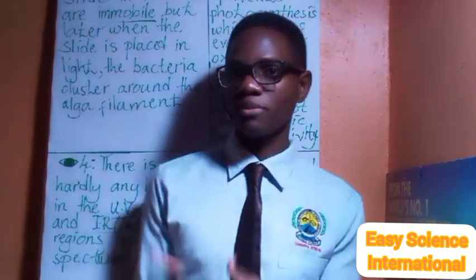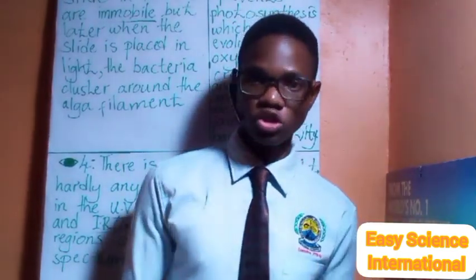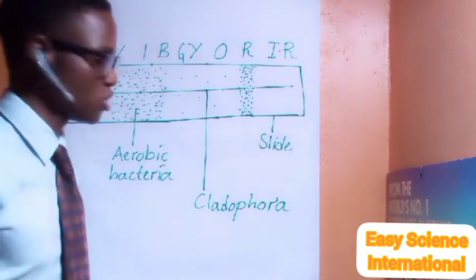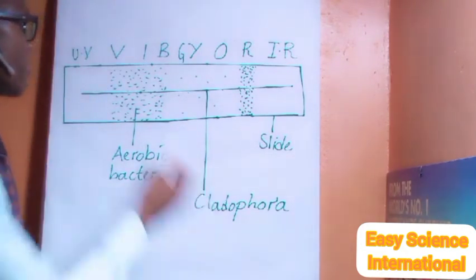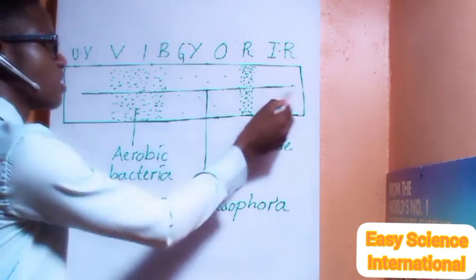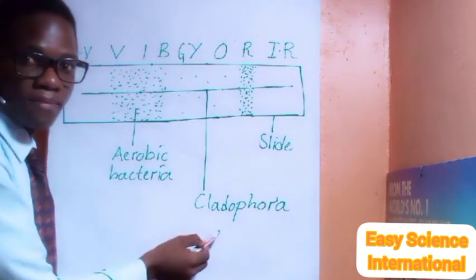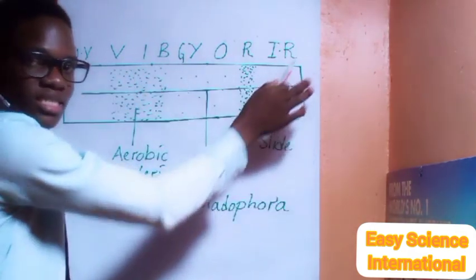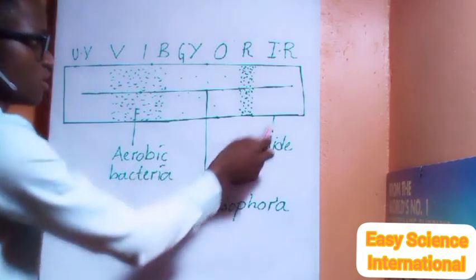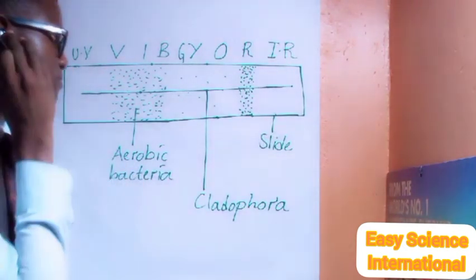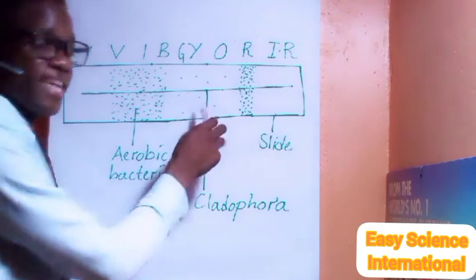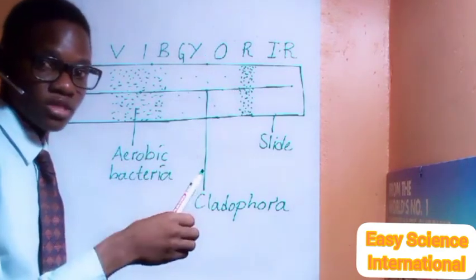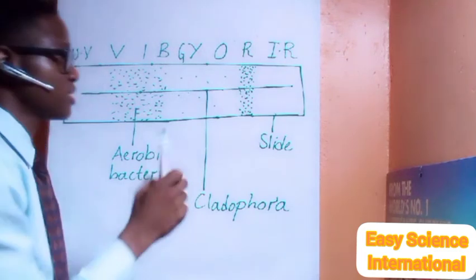Now we want to summarize them on an illustration. So this is a simple illustration of what we've been talking about. We have a thread, which is cladophora, put on a microscope slide, this one, as you can see, and this slide, you put this thread in a drop of water on a microscope slide.